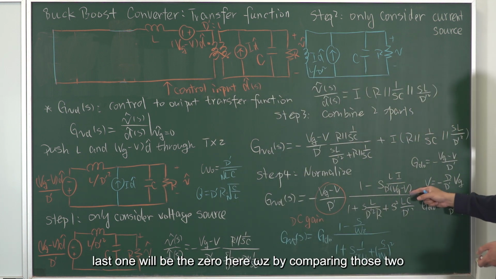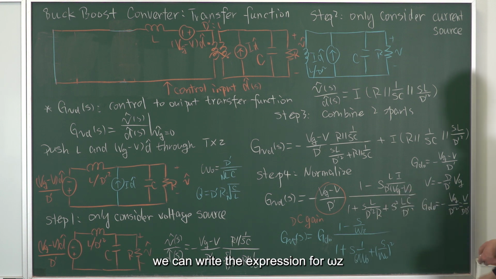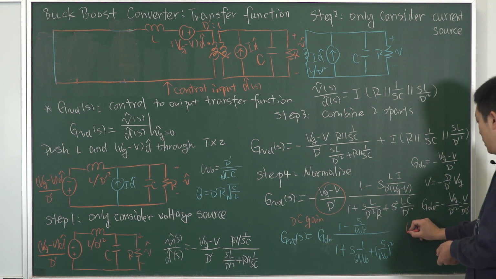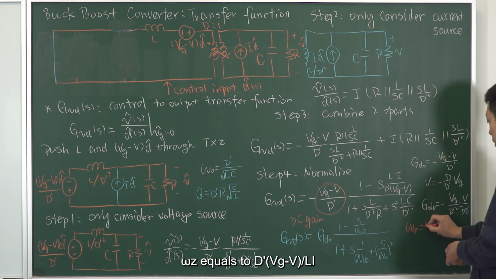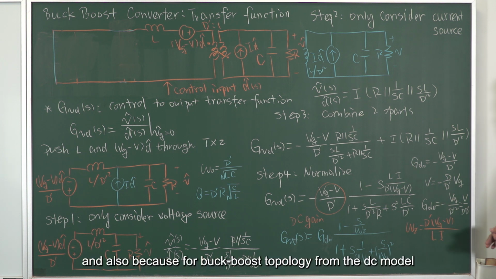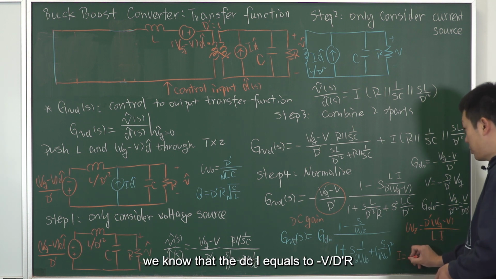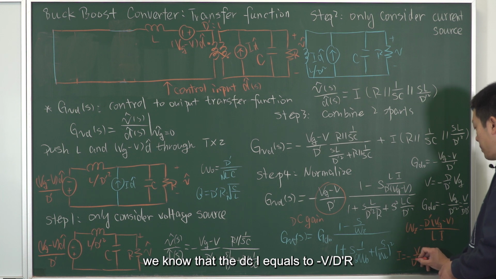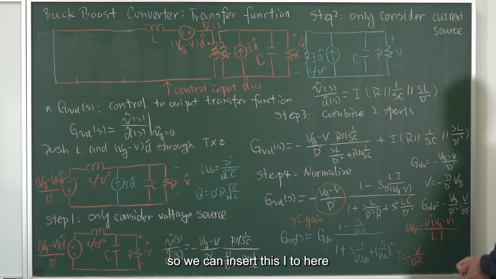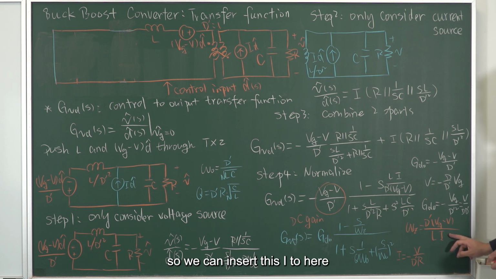The last one is the 0 here, omega z. By comparing those two, we can write the expression for omega z. Omega z equals D prime times Vg minus V divided by L I. And also, because for buck-boost topology, from the DC model, we know that the DC I equals minus V over D times D prime times R. So we can insert this I to further simplify the expression.